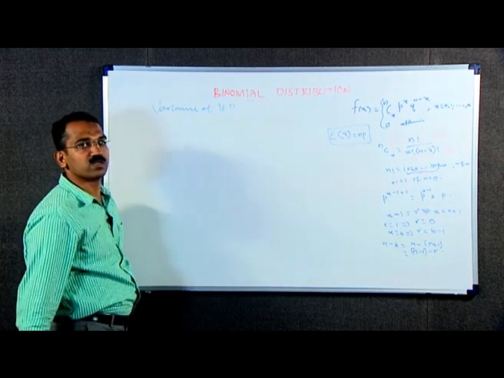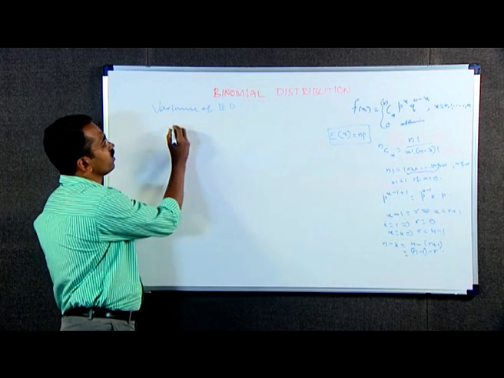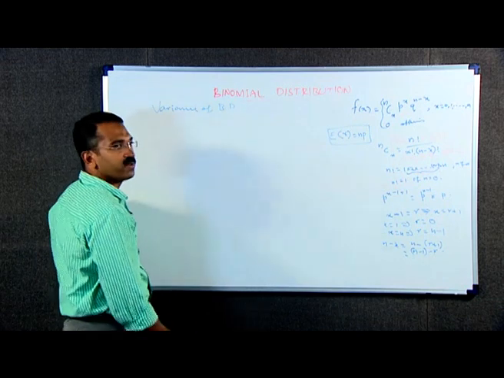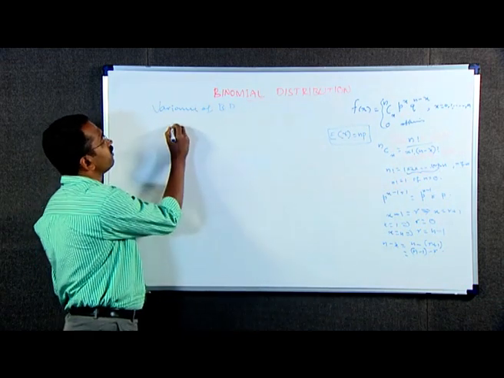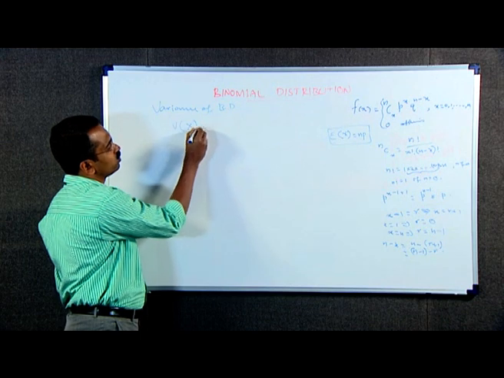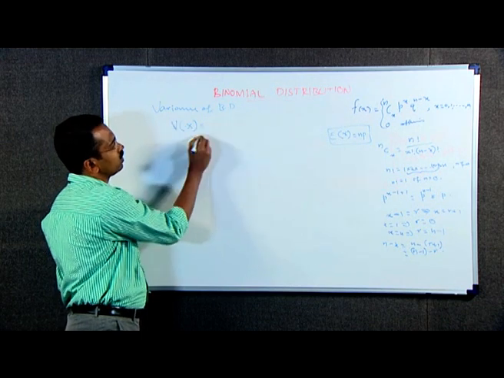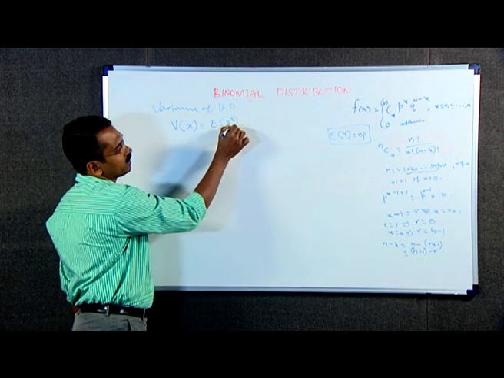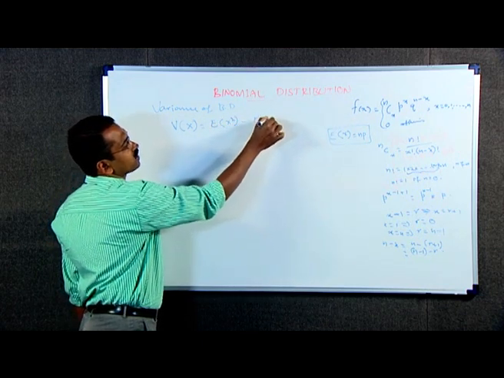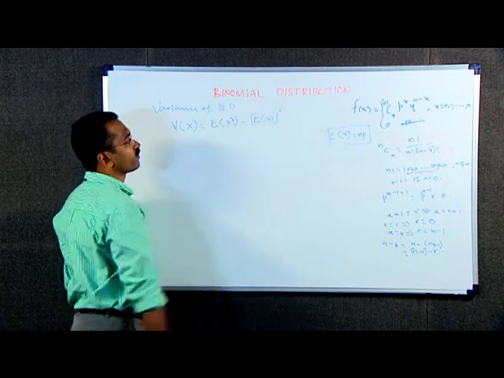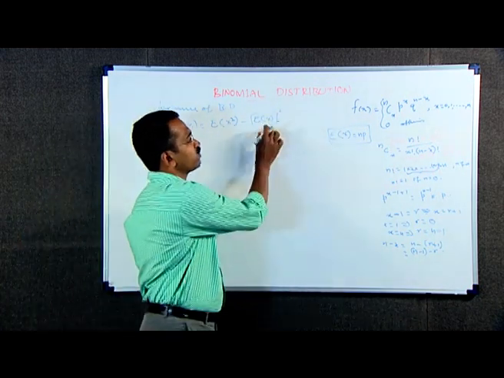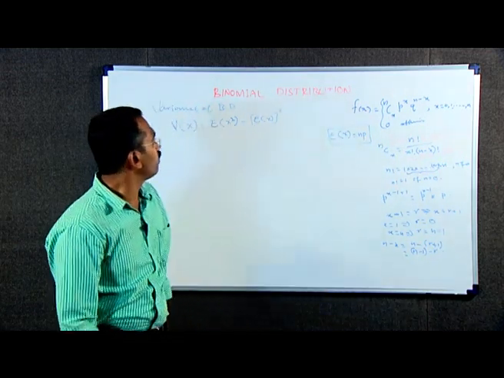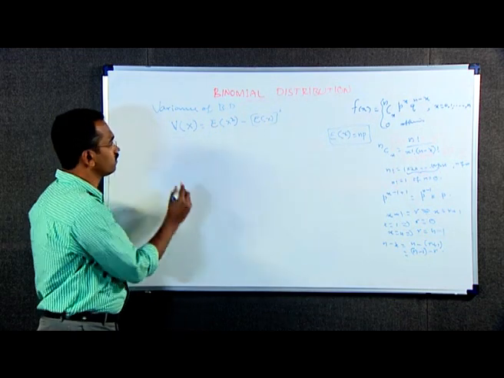Let x follow binomial distribution with parameters n and p. Then f of x equal to this, and by definition of variance, we write V of x is equal to, in terms of expectation, E of x square minus expectation of x the whole square. Here expectation of x is n into p, we just proved. Now, we want to find E of x square.